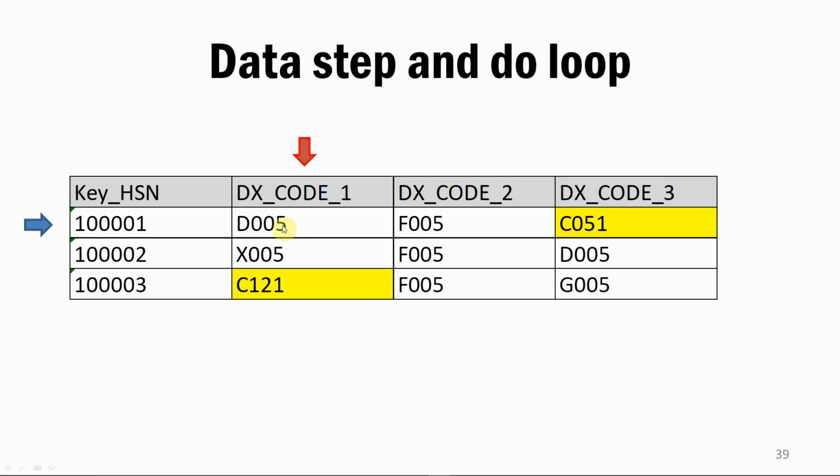I'm not going to take all of this string, I'm only going to read the first 3 characters of the string, which in this case would be D00. In this case it will be F00. This one will be C05.